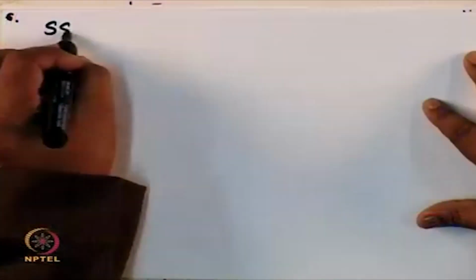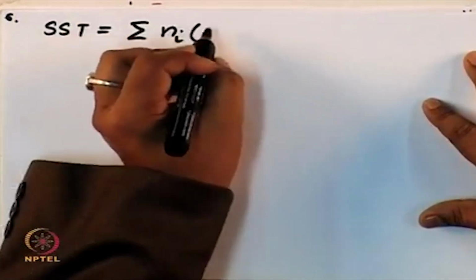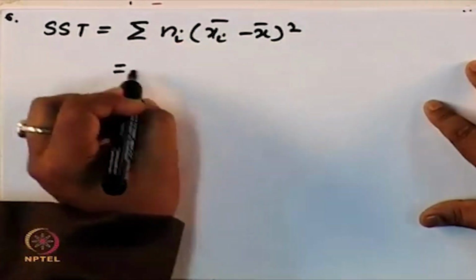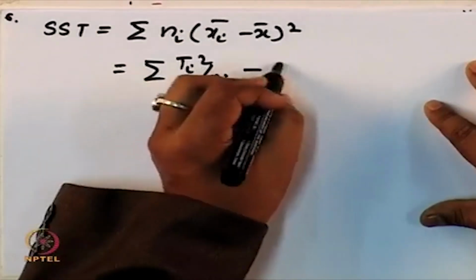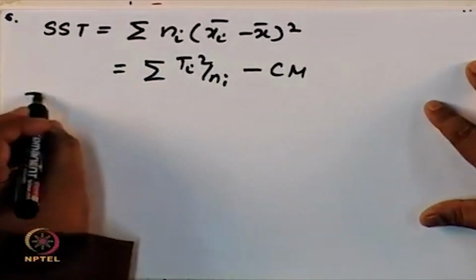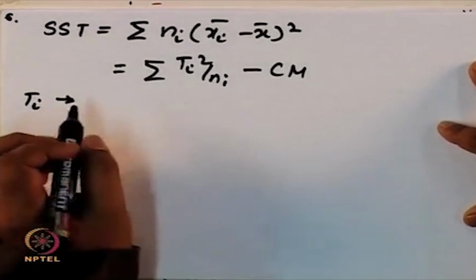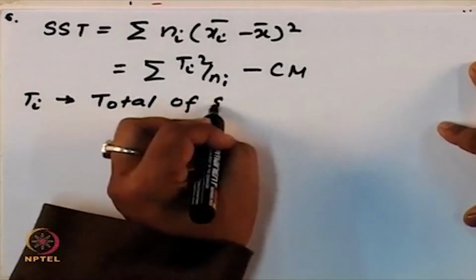So, you can compute SST, and this can be expanded to be written as summation Ti square by Ni minus Cm, okay, where Ti corresponds to total of sample i.